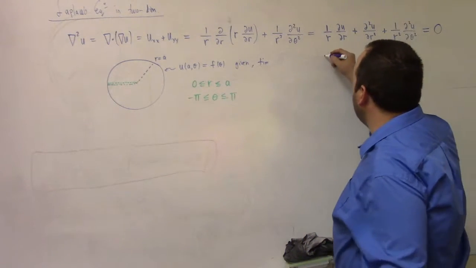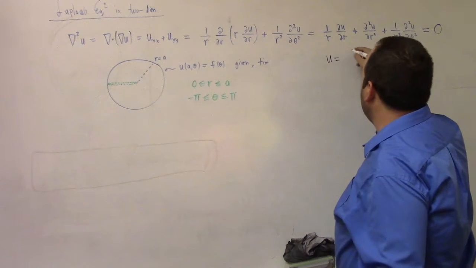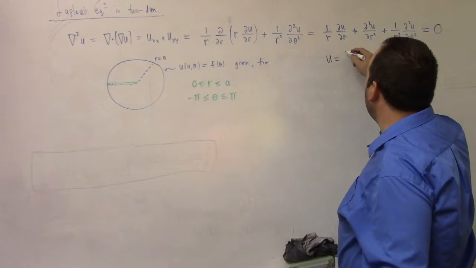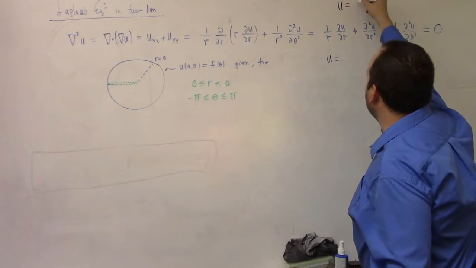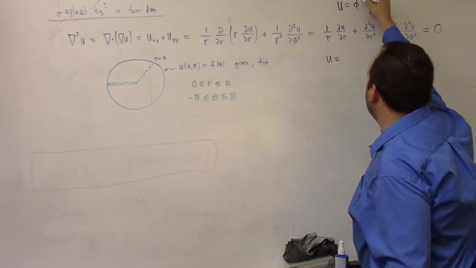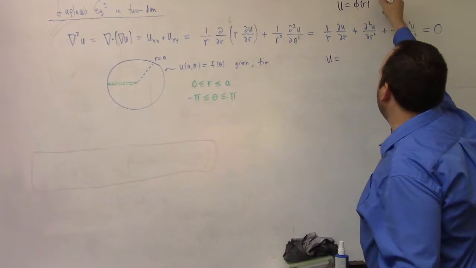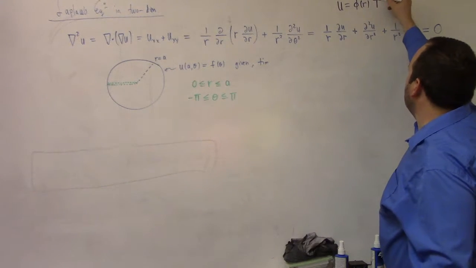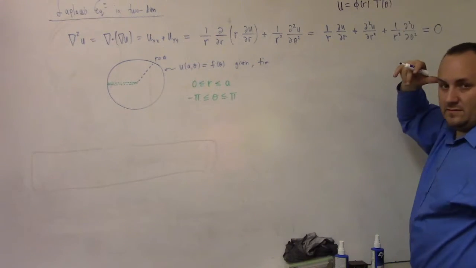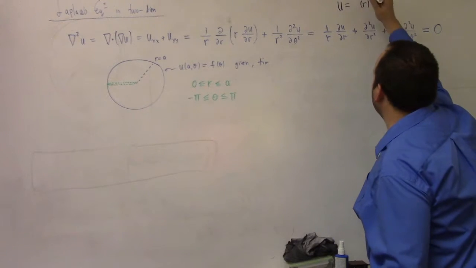So we're going to let u equal, what do we want to do? Say capital R of r and T of theta. Sound good? Why not?